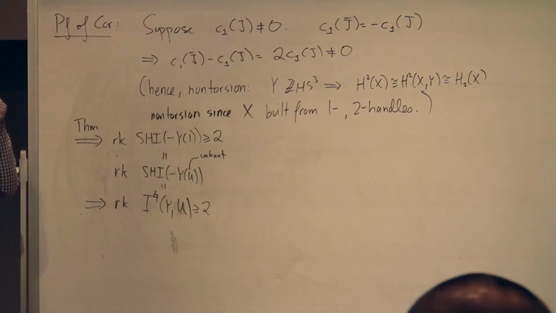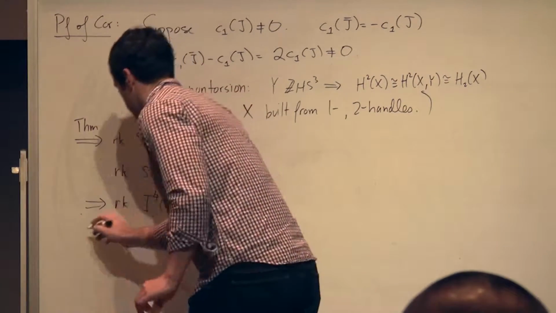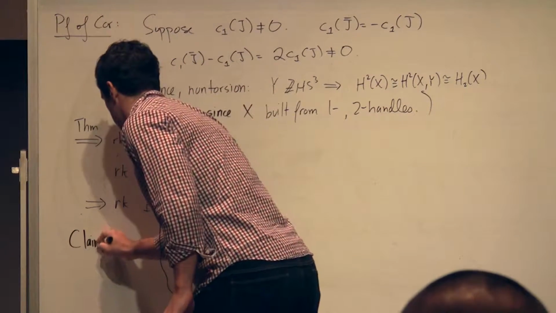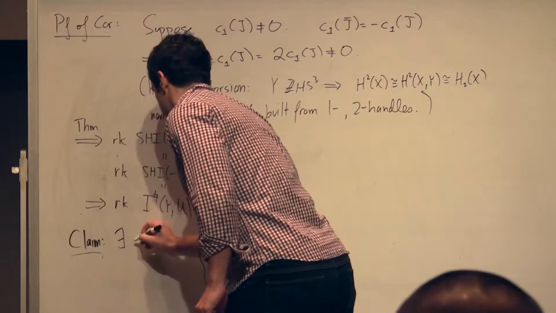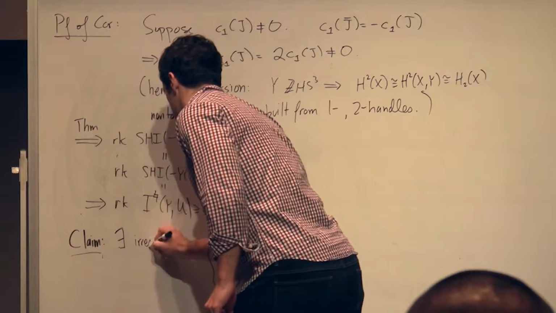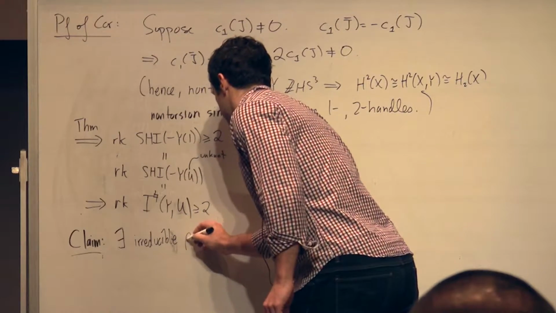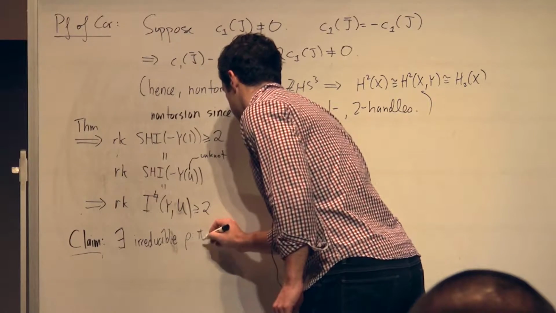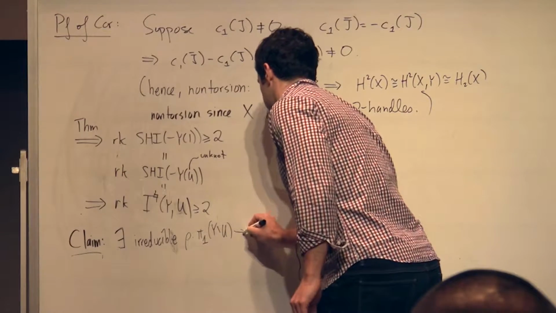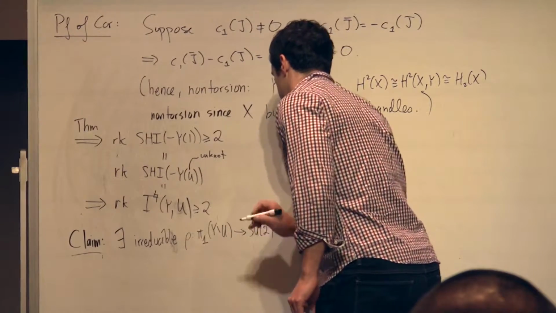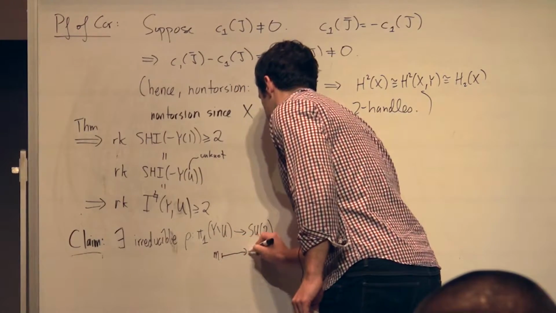So now I claim that there exists an irreducible homomorphism, an irreducible representation of the complement of the unknot into SU2, sending the meridian to i.